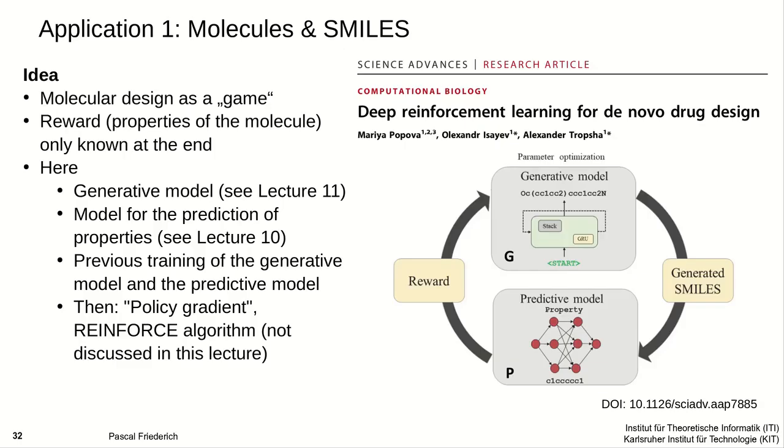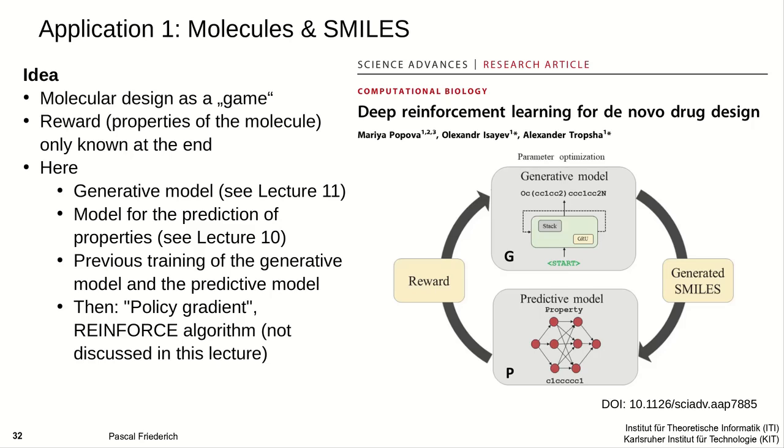And then they basically train both networks independent from each other. So they pre-train the generative model to be good in modifying molecules. They train the prediction model to be good in predicting the properties of molecules.